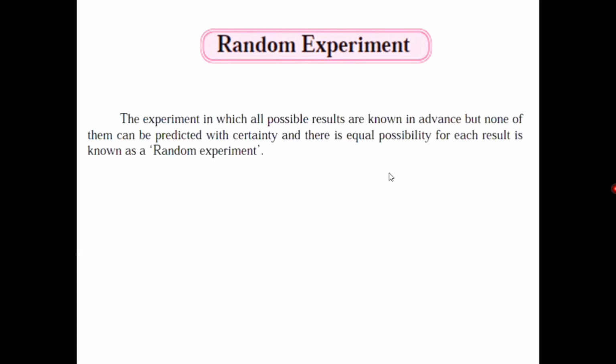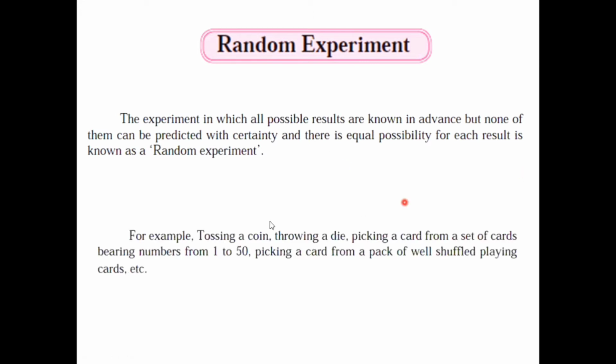The first concept is the random experiment. Let us learn what the concept is. The experiment in which all possible results are known in advance but none of them can be predicted with certainty, and there is equal possibility for each result, is known as a random experiment.